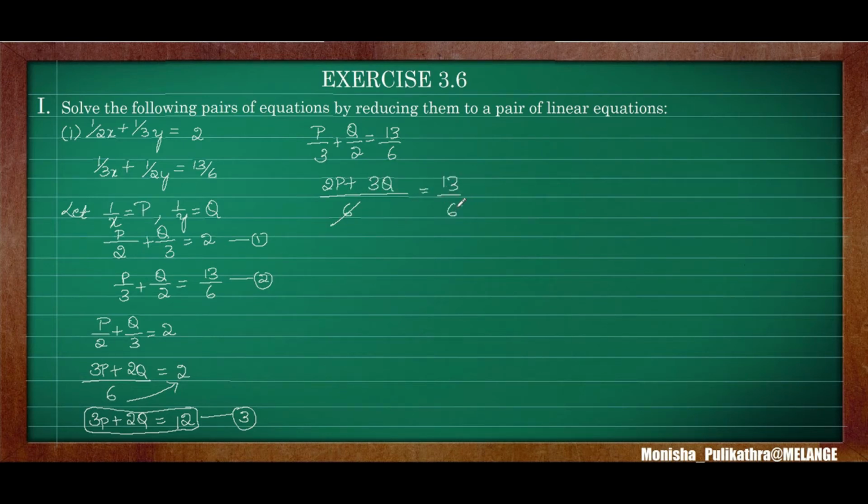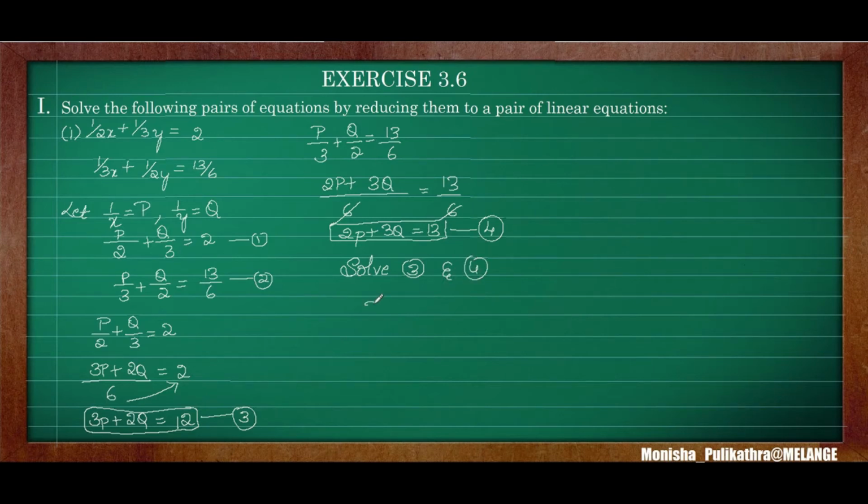Here 6 and 6 cancel each other. The remaining equation will become 2p plus 3q is equal to 13. This is the second equation. Let this be equation 4. Now we have to solve equation 3 and 4.